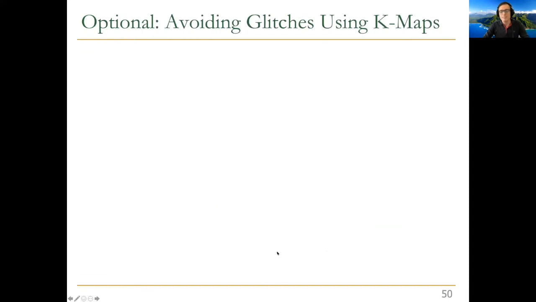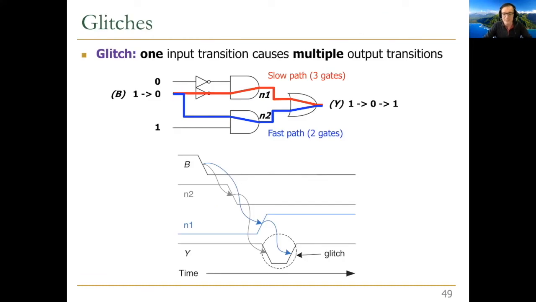Okay, so basically you can avoid these glitches. I'm not going to talk about exactly how you avoid them, but I am going to talk about them briefly. But basically, adding some additional circuitry that ensures that a fast path doesn't cause a glitch in the output is the way to avoid these. The question is, how do you add them? So the reason this happens is really you don't have redundancy in the circuit.